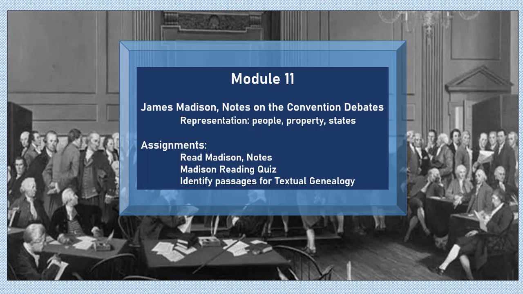So it's a kind of instant abridged guide, if you will, to seeing diverse points of view on the same topic. So it's an extremely useful source, even if the selections that we're reading for this module are not strictly relevant. Look for it when you get to the founders.org website, because it's a very useful source for the particular project that I've given you. Okay, let's turn now to Madison's notes on the convention.